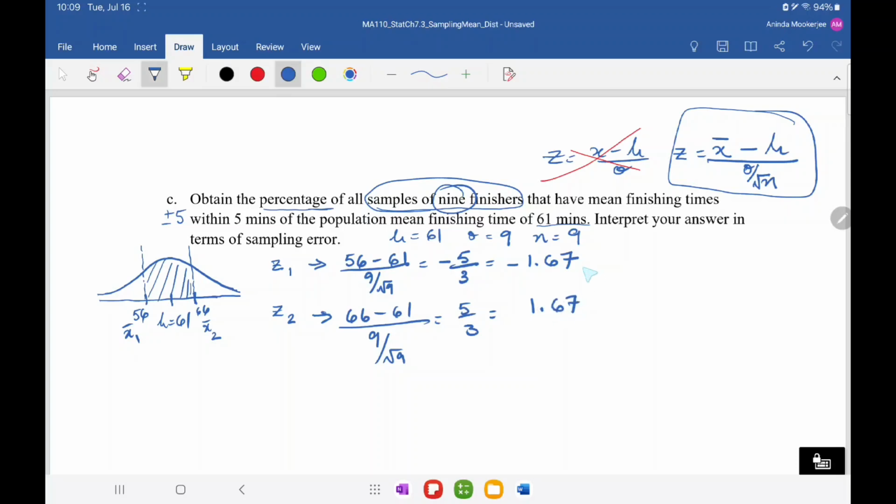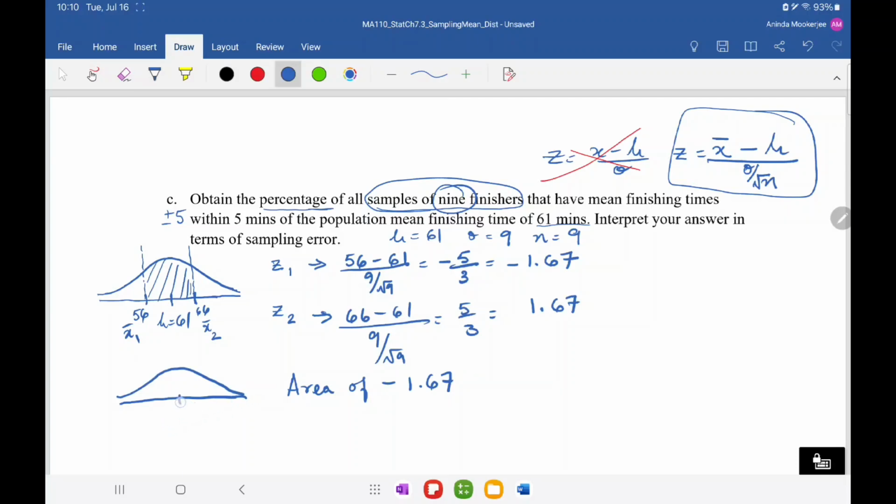Okay, so now you have to go to your table and find the corresponding areas. All right, so I'm going to just do this here. Area of negative 1.67. So I'm going to draw a standard normal curve here and represent my z values that I just found.